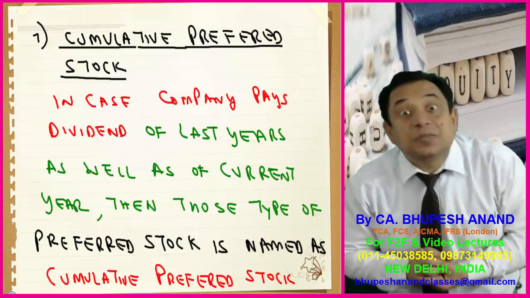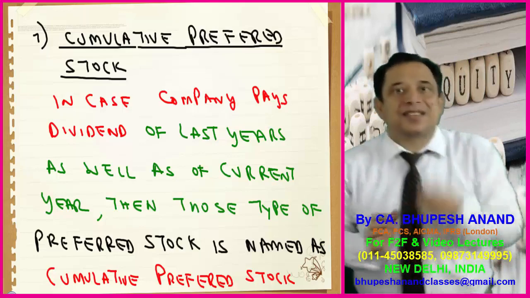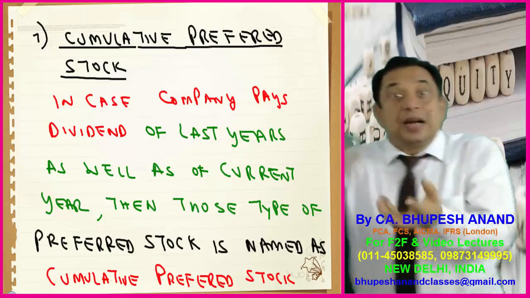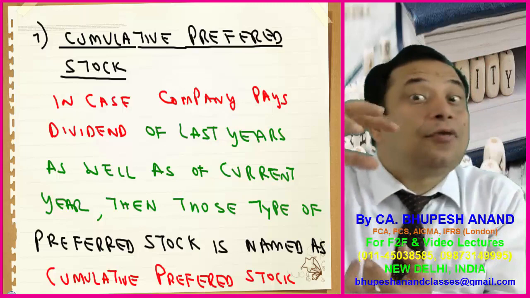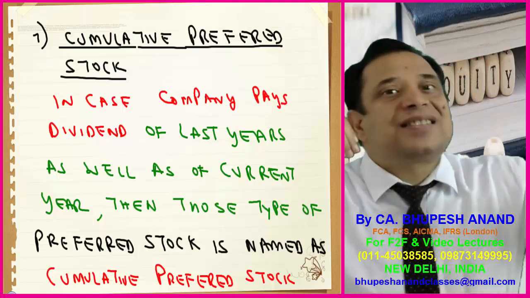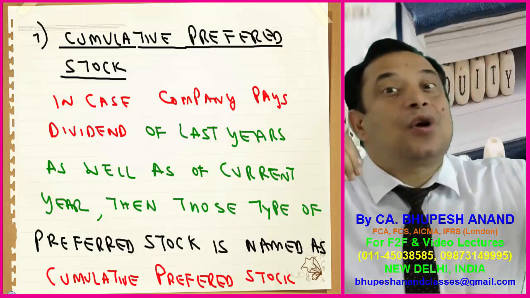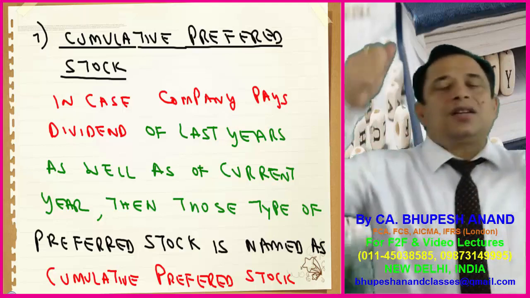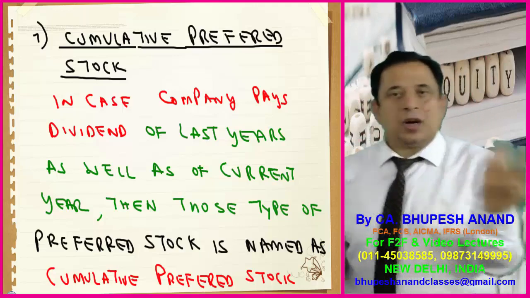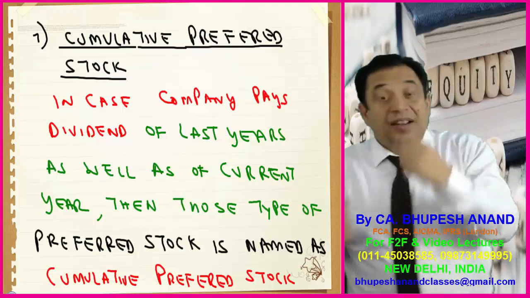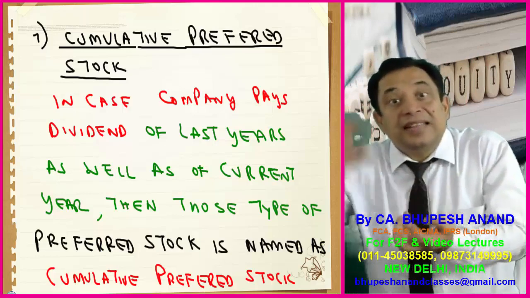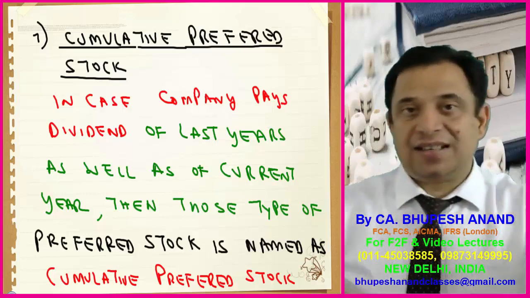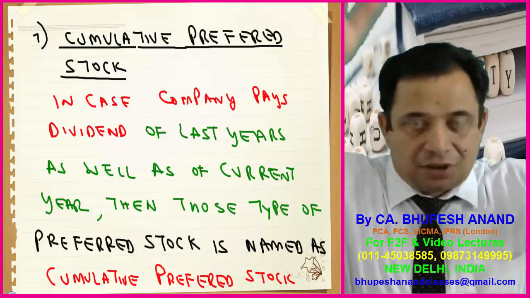But in case these preference holders are cumulative in nature, then in the year of profit, the company has to pay dividend for all those years in which there were losses and the company has not paid those dividends. If there is a loss in the first year, then the company is not paying any dividend to preference holders. But if in the second year there is a huge profit, then in the second year the company has to pay dividend for the first year as well as for the second year.